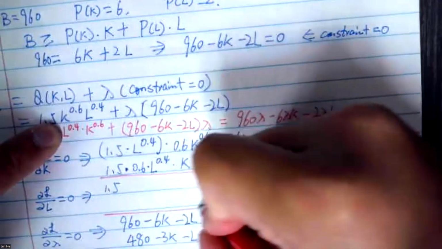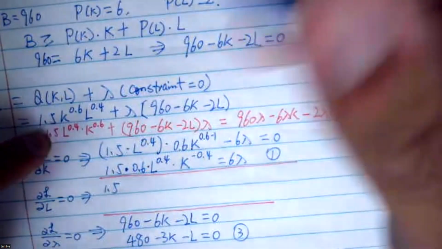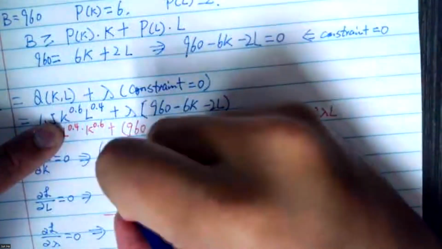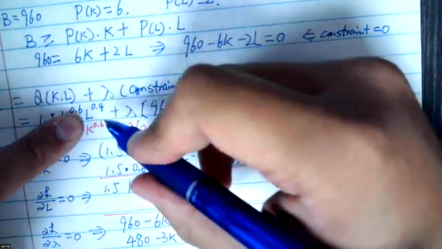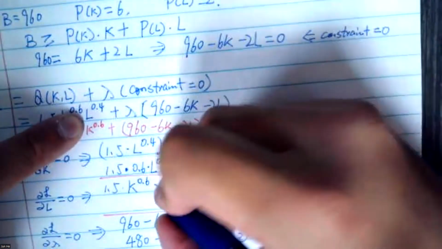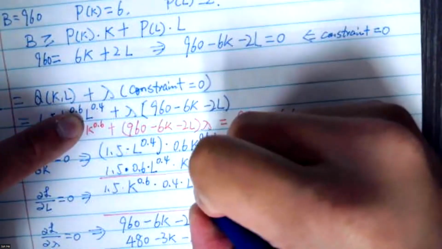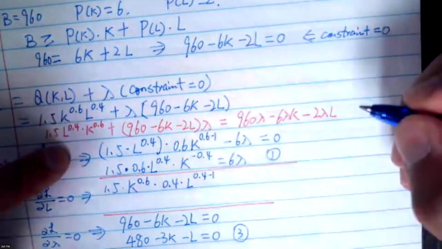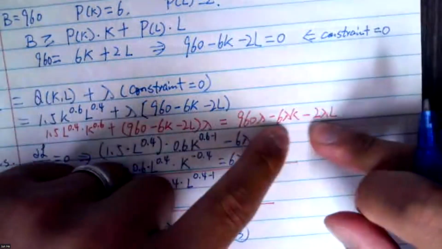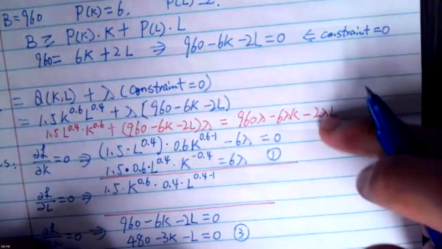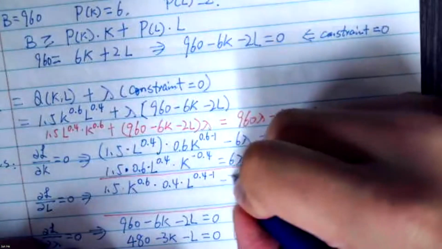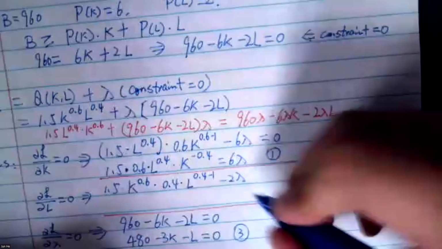Let's just section them. Okay, 1.5 K to the power of 0.6. Now, L is the only variable, right? Its derivative is 0.4 L to the power of 0.4 minus 1. And therefore, for the second term, the only one including L, its derivative is minus 2 lambda.